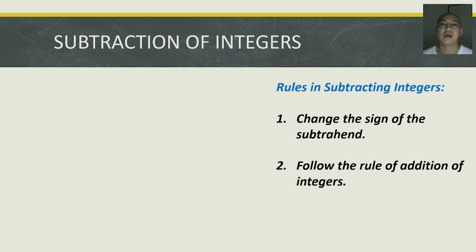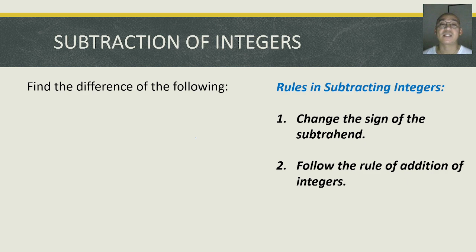Step 1 that we are going to do is to change the sign of the subtrahend. Take note that we have two parts of the subtraction. We have the minuend and the subtrahend. The subtrahend is the one that we are going to subtract from the first number, or the minuend, and then follow the rule of addition. So it's as simple as this.